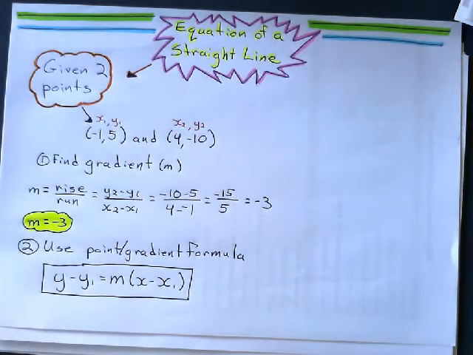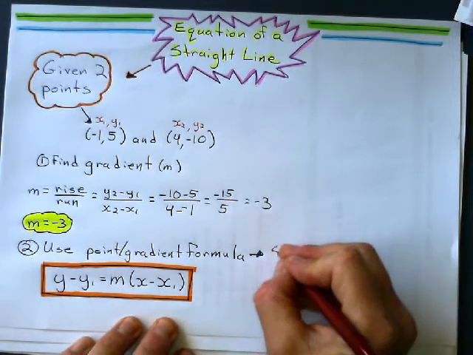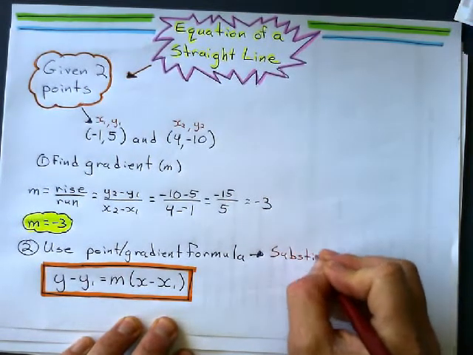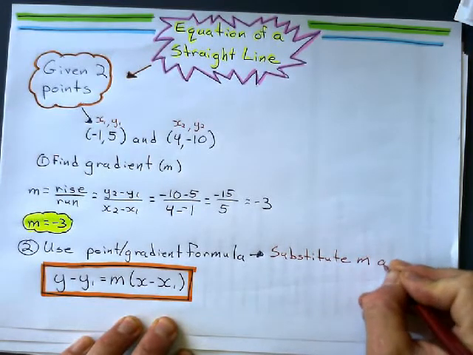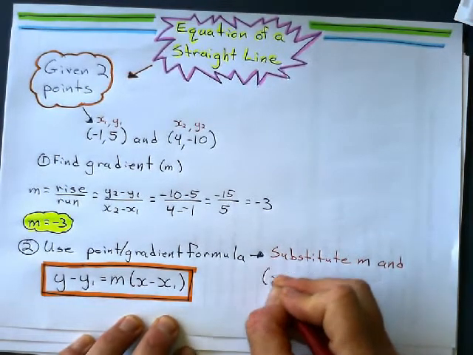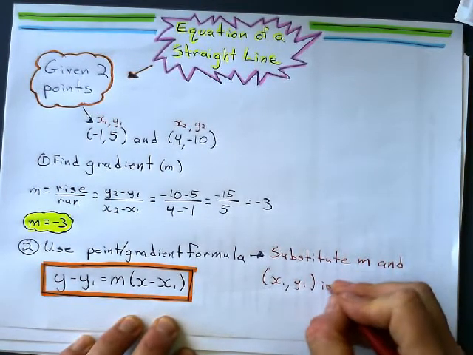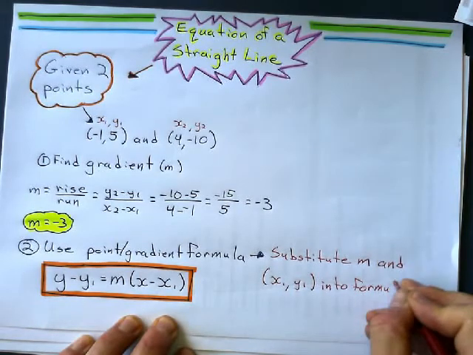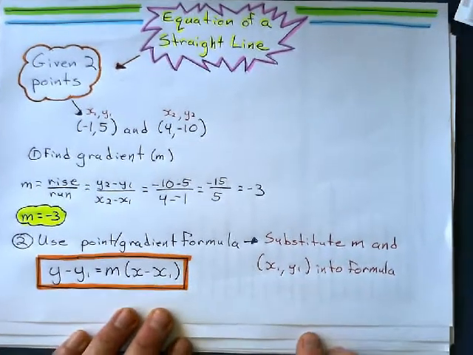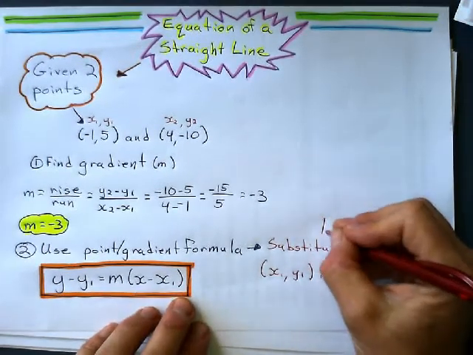So now that we have this, what we're going to do is substitute m and 1 point, x1, y1, into the formula. And now I'm going to move up here and see how that looks.